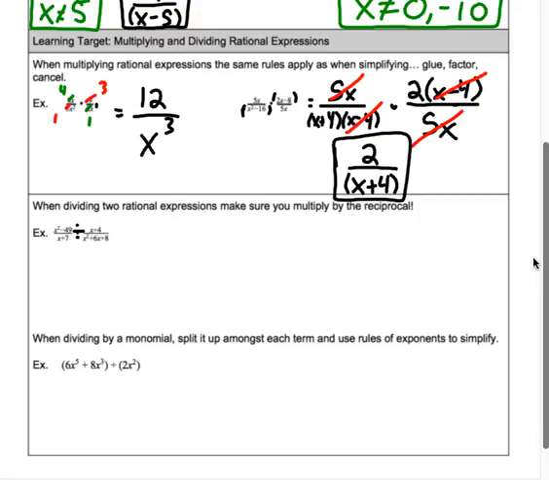Remember, when you're dividing things, well, you kind of follow the same steps. So here, put your glue on. And remember, in a dividing question, you end up flipping that second piece.